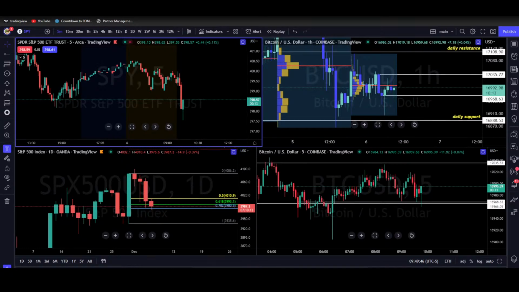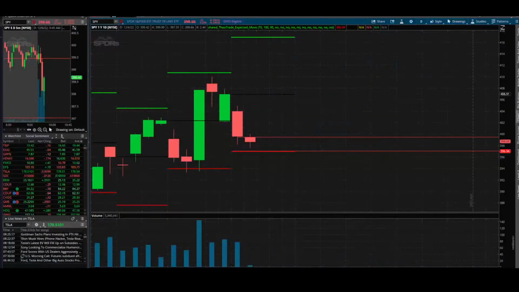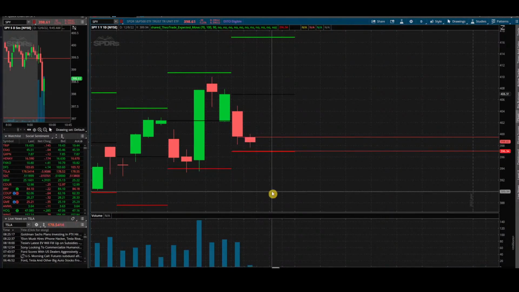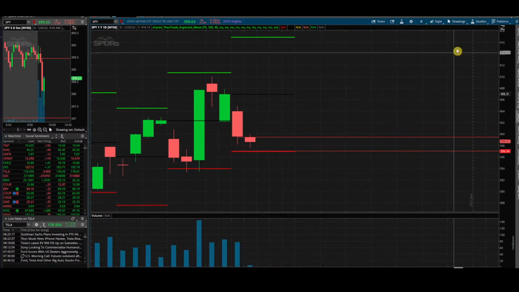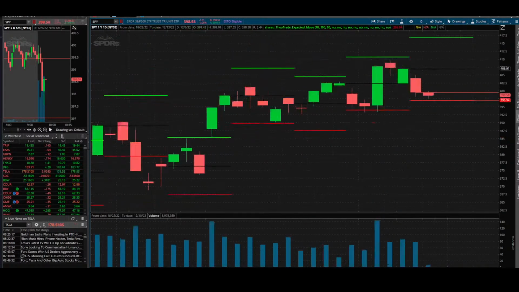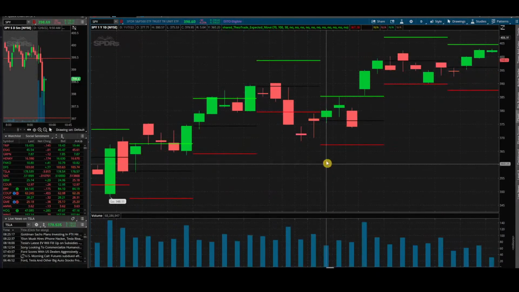Now, something about the options expected move that you guys should be aware of is that during heightened volatility, these areas will break. When you have a lot of volatility, they will not hold.